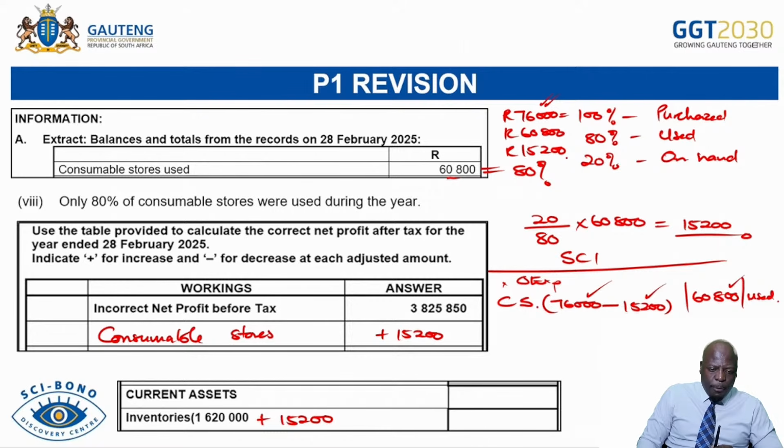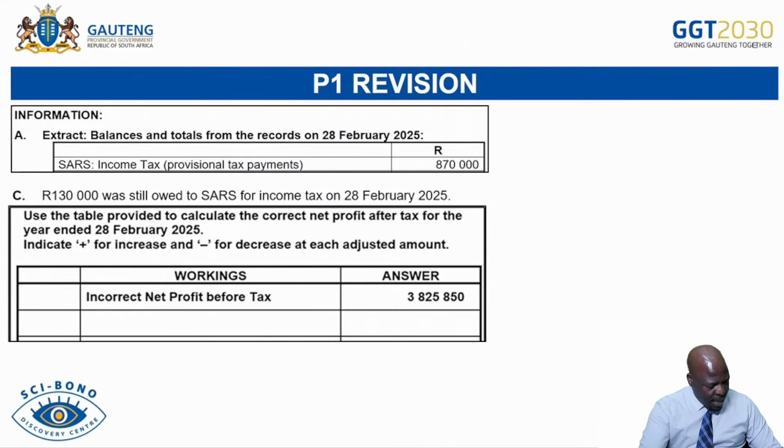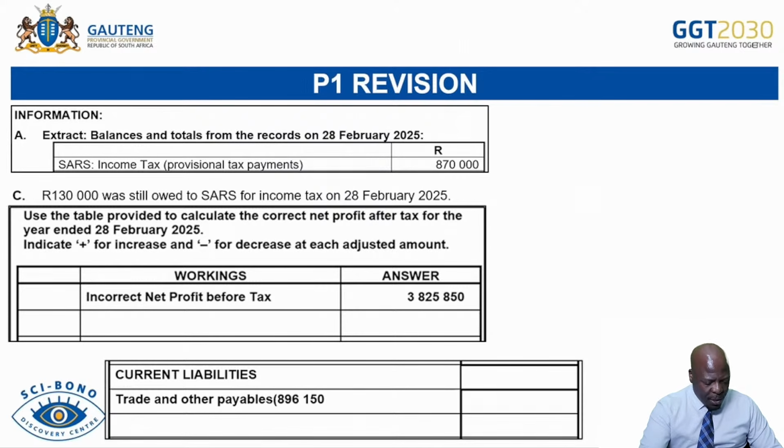Okay, so I'm going to move on from this transaction. It reads, 130,000 was still owed to SARS for income tax on 28 February 2025. So when we come here, we're in the correct net profit calculation, and then we will do our statement of financial position as well. Okay, let's see. We are given the provisional tax payments, 870, and remember this has already been paid.